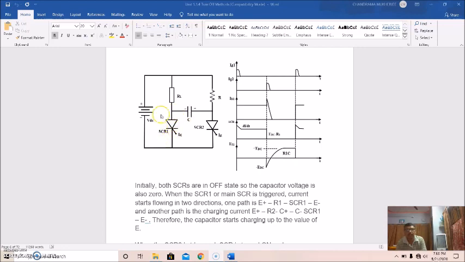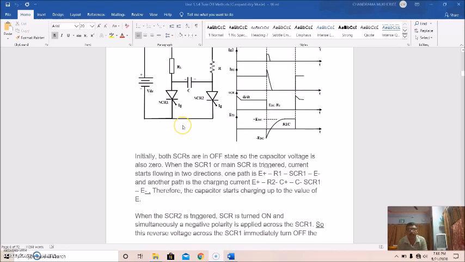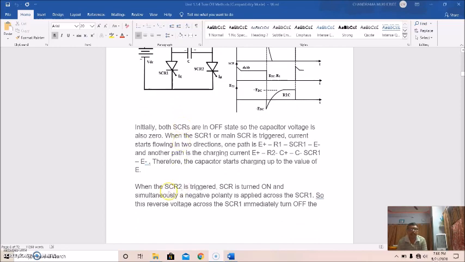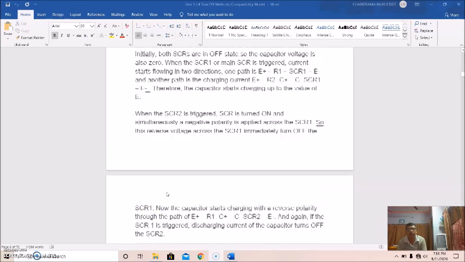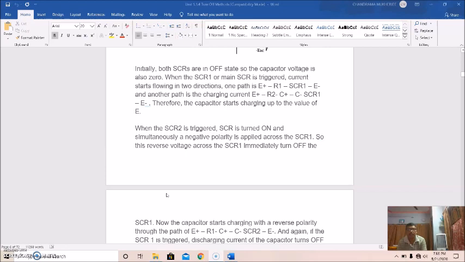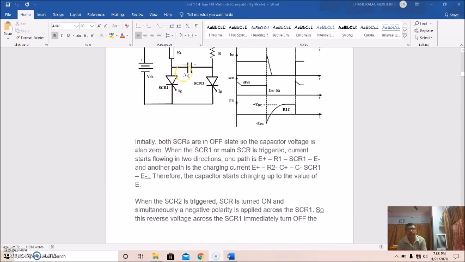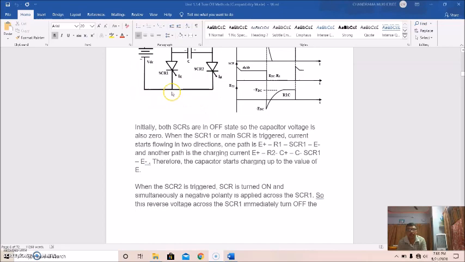So thyristor 1 is in the reverse bias condition, and automatically it will turn off. As a result, the capacitor starts charging with reverse polarity through this part: E positive, then load, then C positive, C negative, and thyristor 2, then this one.